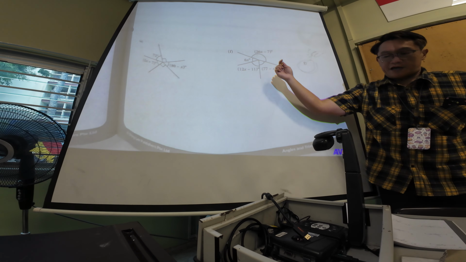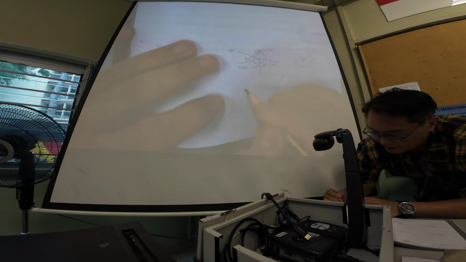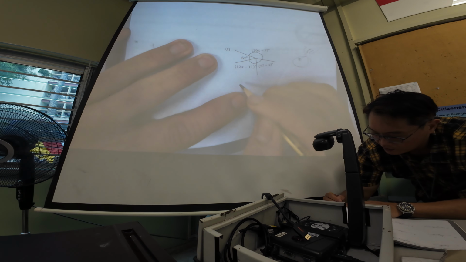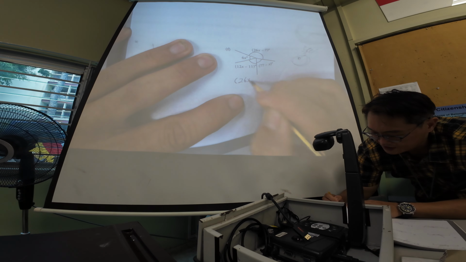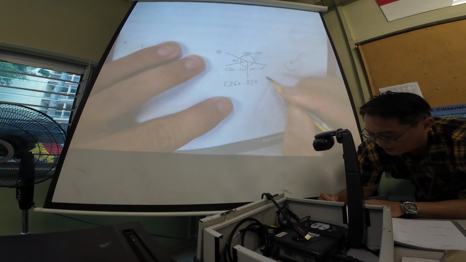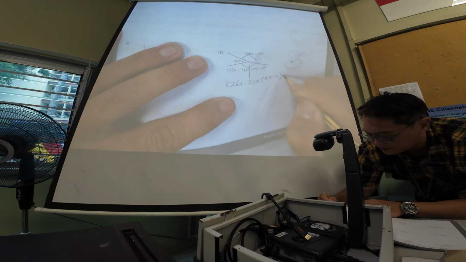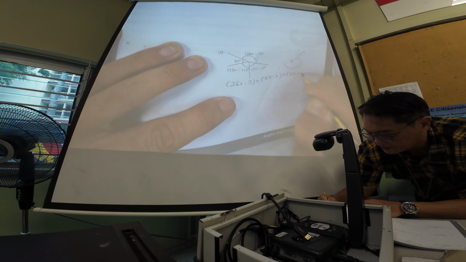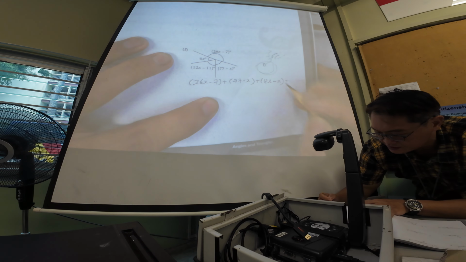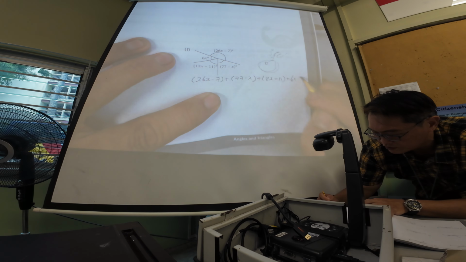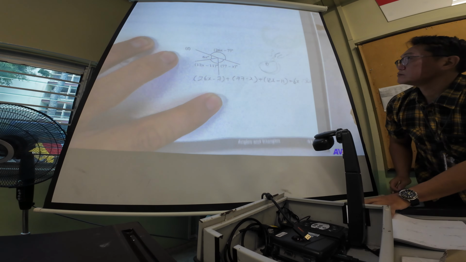So adding these 4 angles will be equal to 360 degrees. 26 minus 7 plus 77 minus x plus 12x minus 11 plus 6x equals to 360.